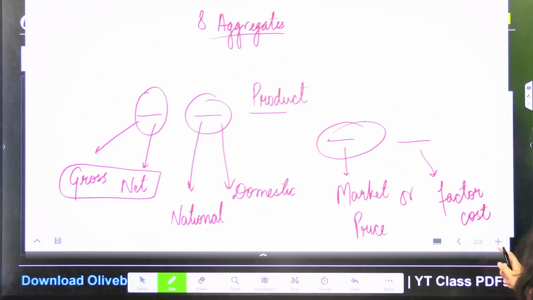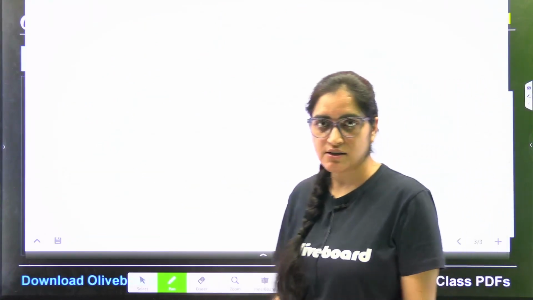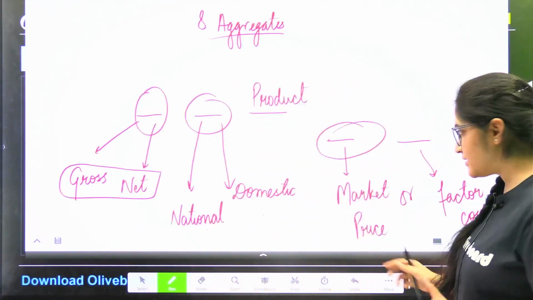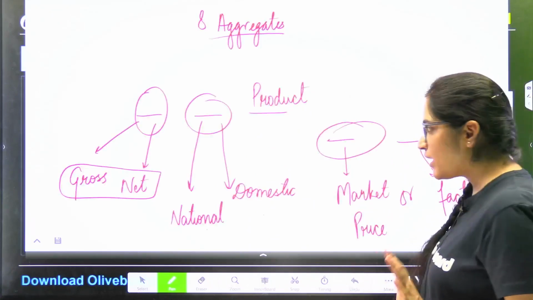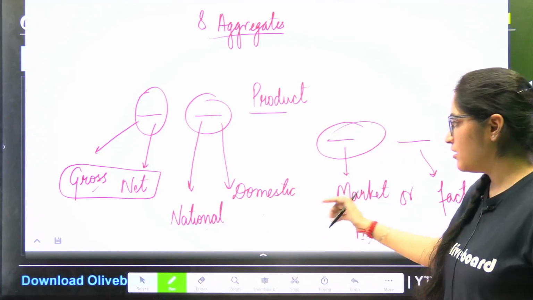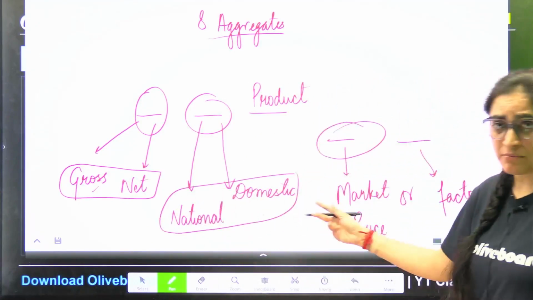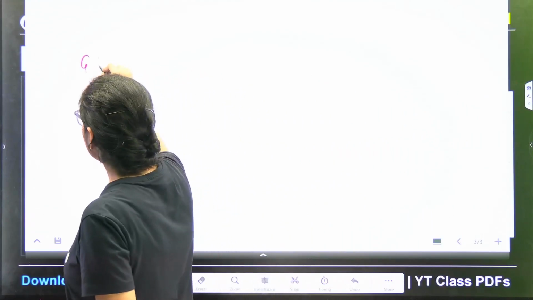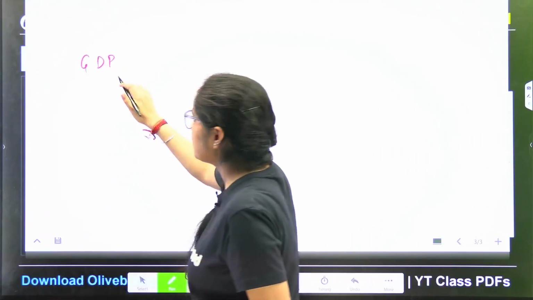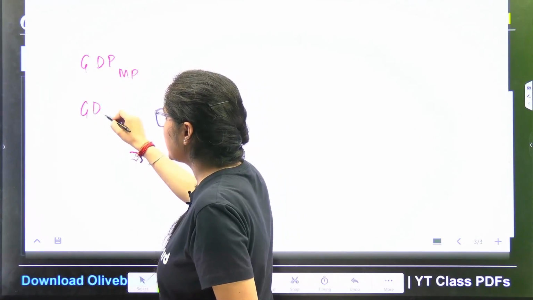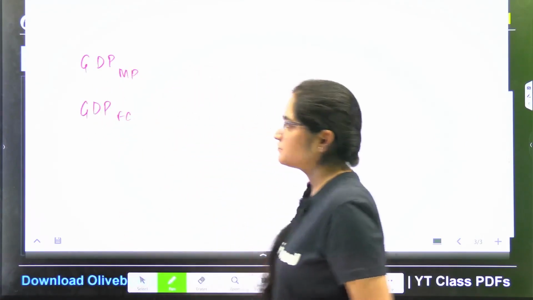Now let's see what are the 8 aggregates. Since we have developed all the blank positions that are here, we are going to take one word from each blank. One can be GDP, gross domestic product at market price. Then it can be gross domestic product at factor cost.